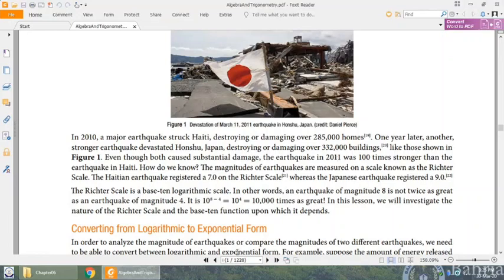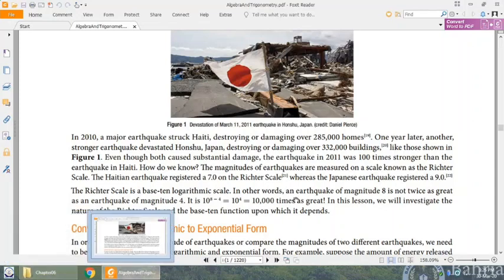So how many times stronger in intensity can it hit a certain place x than some other place y? In place x it can maybe wreak havoc, and we want to compare how many times stronger it was for x than for y. In this case we would require a log function.